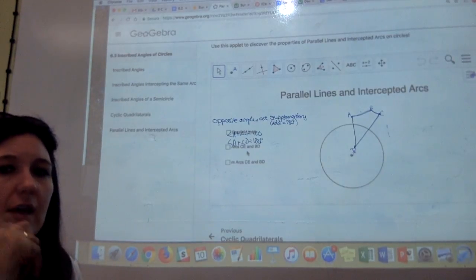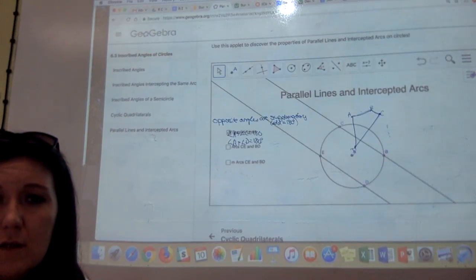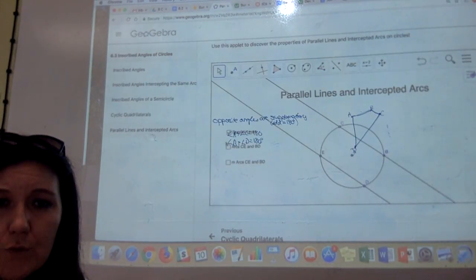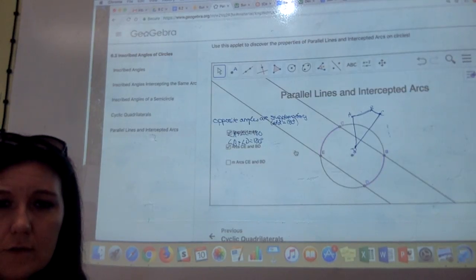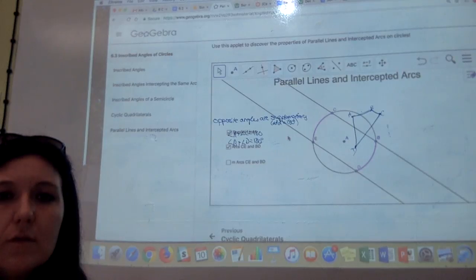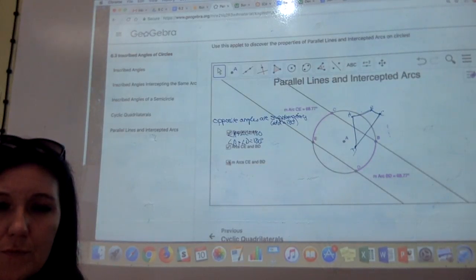Okay, so parallel lines. If I have two parallel lines, then the arcs in between them are going to be, what do you think? Supplementary? Nope, just equal.